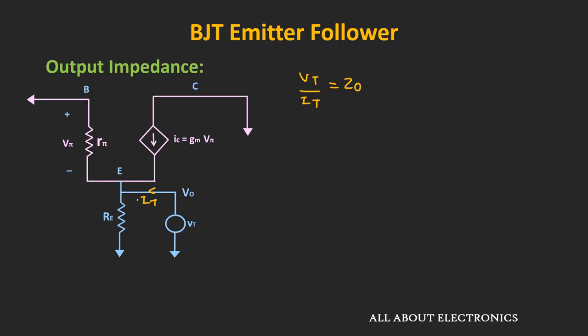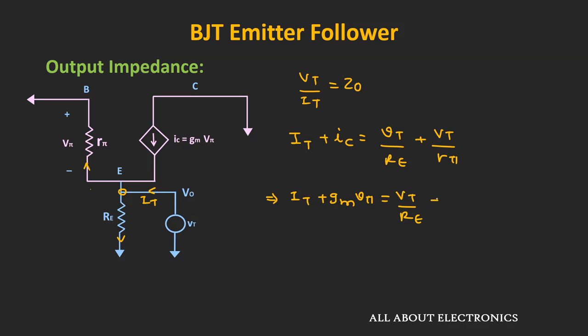And to find that, let us apply the KCL equation at this node. So if we apply the KCL equation, then we can write this current It plus Ic is equal to voltage Vt divided by Re, that is this current, plus voltage Vt divided by R pi, that is this current. That means we can say that current It plus Gm times V pi is equal to voltage Vt divided by Re plus voltage Vt divided by R pi.